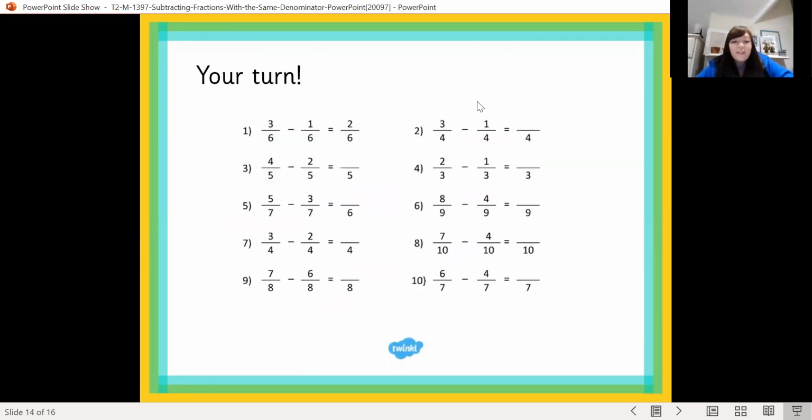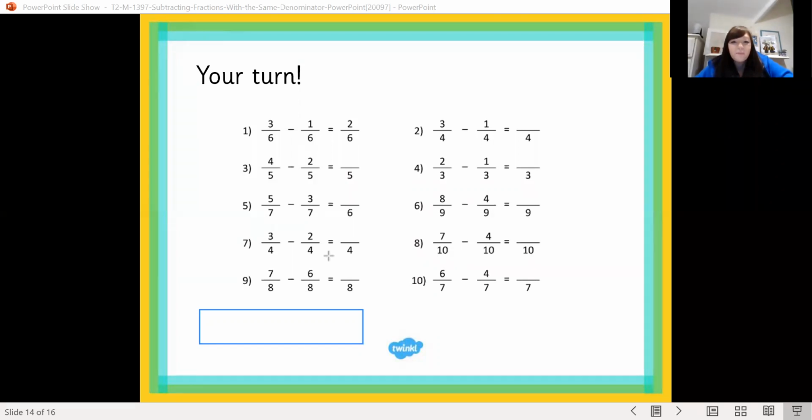Okay, so pause the video now and have a go at working out these subtraction questions. For each of them, you can either just look at the numerator and do 3 take away 1 equals 2, or you can draw your fraction bar, split it into the correct amount. So for number 2, I would split it into quarters, so 4 equal parts.